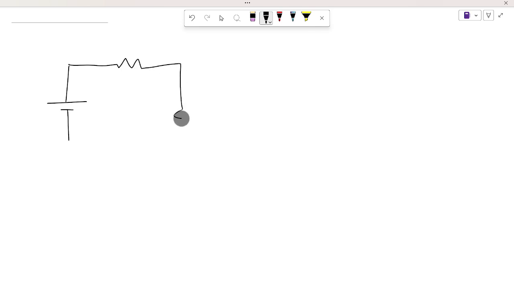So next we would also look at series and parallel arrangement of resistors. Say we have a circuit drawn this way.